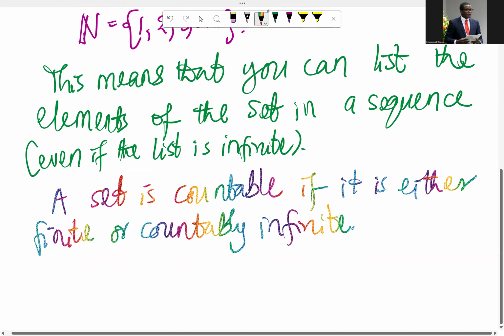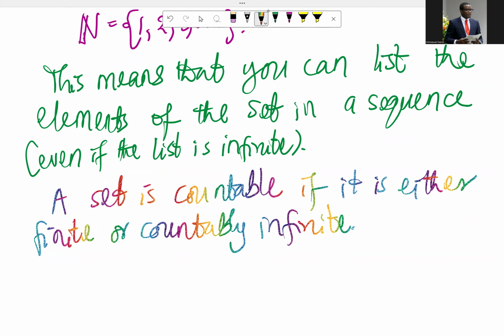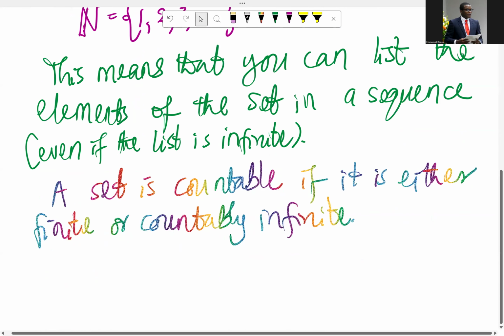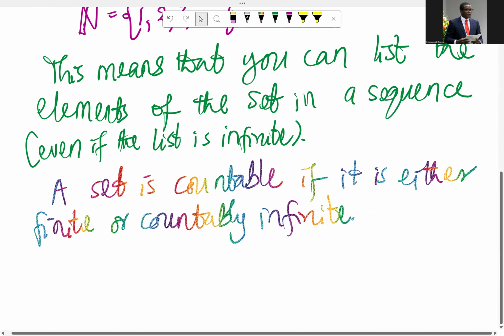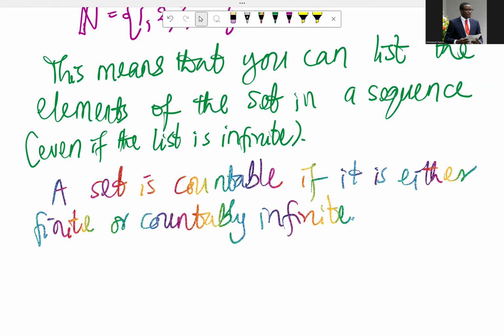For a finite set, you can list all the elements, but for an infinite set, you cannot list all the elements. Every finite set is countable, and in the same way, every infinite set whose elements can be listed is also said to be countable. That is where the idea of countable infinity comes in.